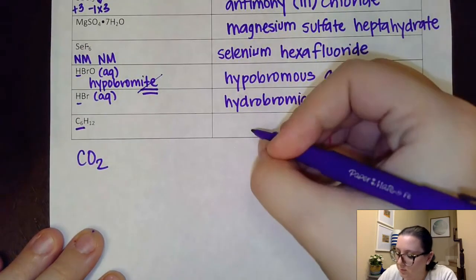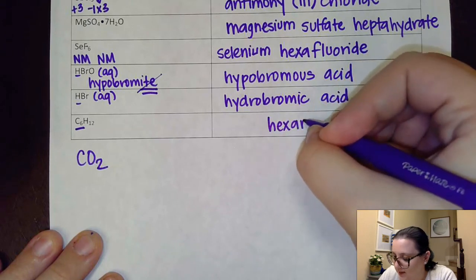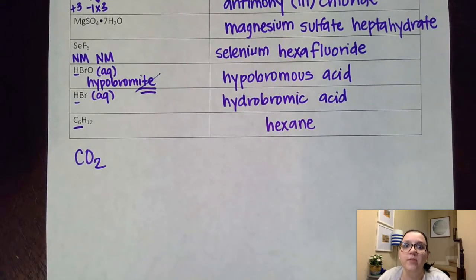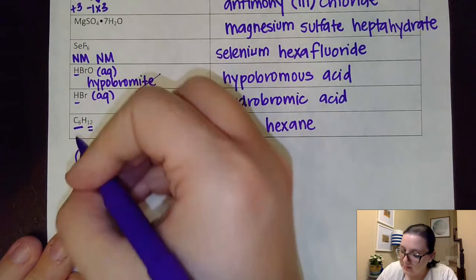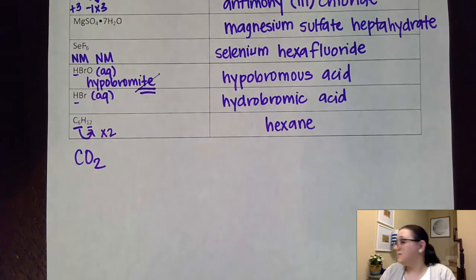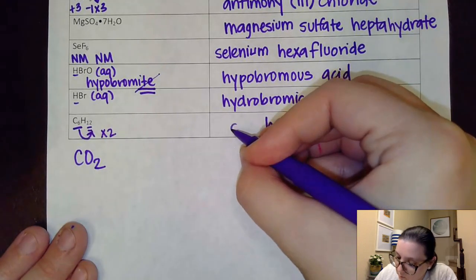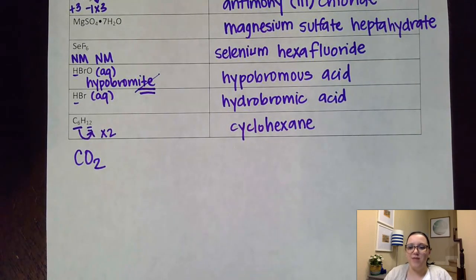I'm like, okay, I know I'm going to have hex in here. And I'm going to have the ane ending. But then I want to decide whether or not I need cyclo at the front of it. So that's where I look at my hydrogen count. And I see that going from 6 to 12 is just double. It's not double plus 2 more. So what that means is that we need the cyclo at the front of that name.